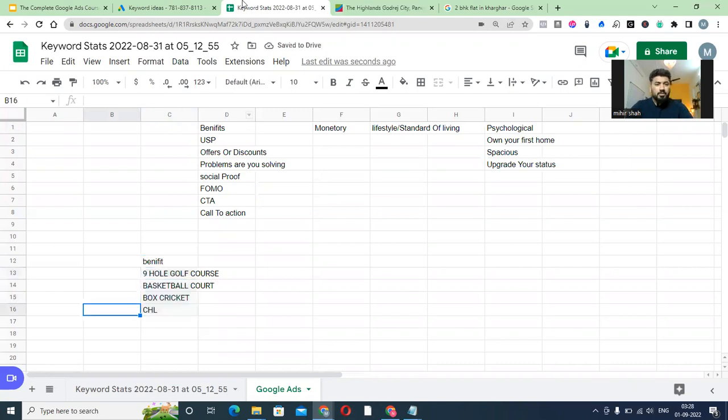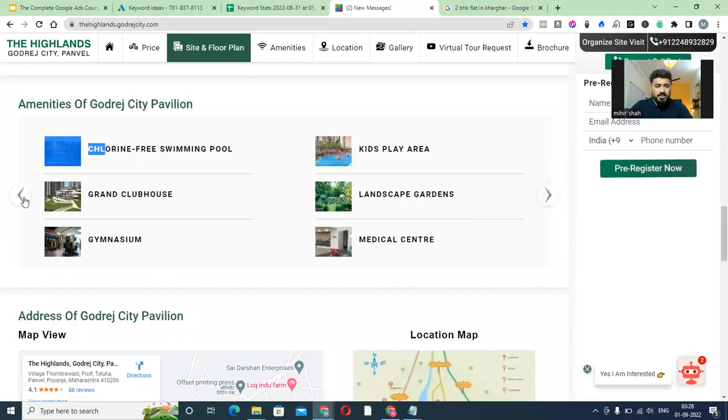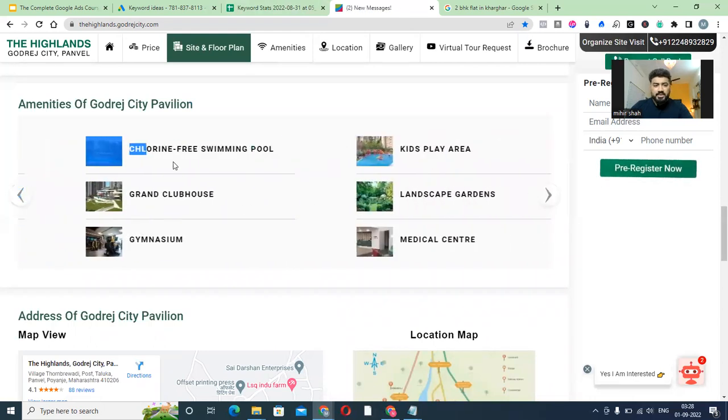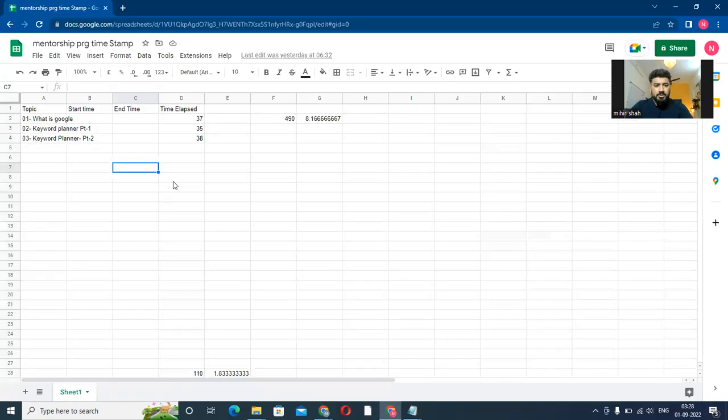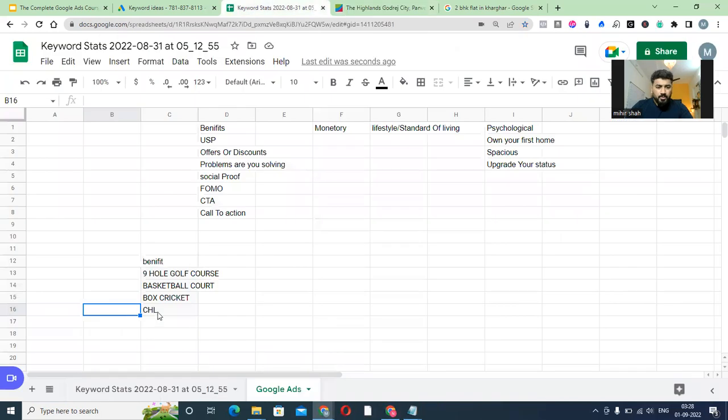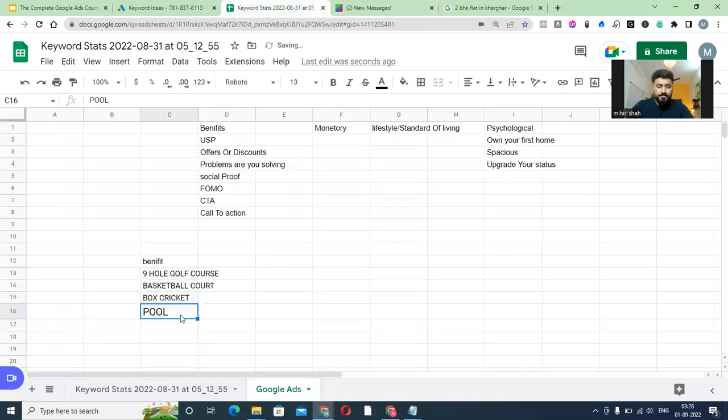Oh, I got them all. Awesome. Chlorine-free swimming pool. Right, so I'm going to just pick this. So you get the idea. I have highlighted all the benefits here.